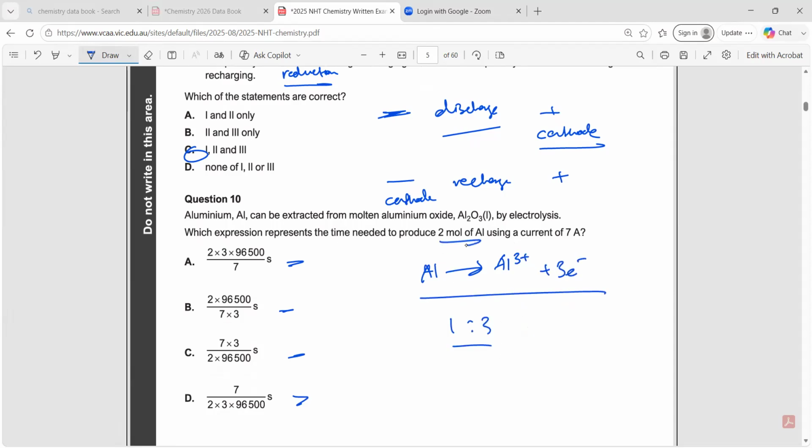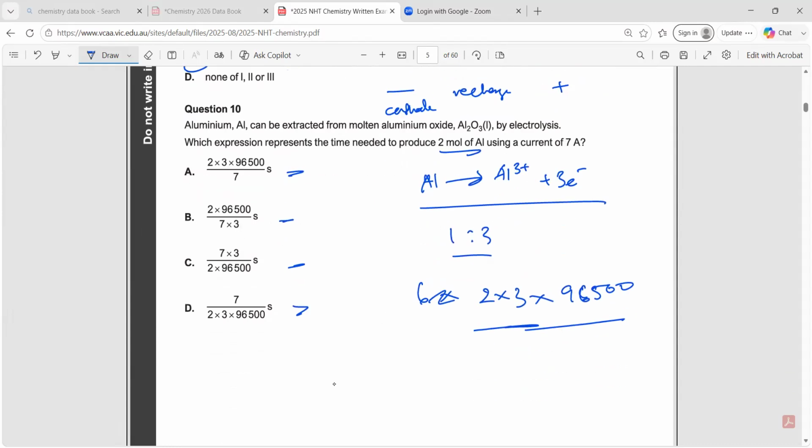So we want to produce 6 moles of electrons, which is 2 times 3, right? So that's 6 moles of electrons times 96,500, and that charge is also equal to I times T. So that is equal to 2 times 3 times 96,500. And then we want to find T, so we just divide by the current, which is 7 amps.